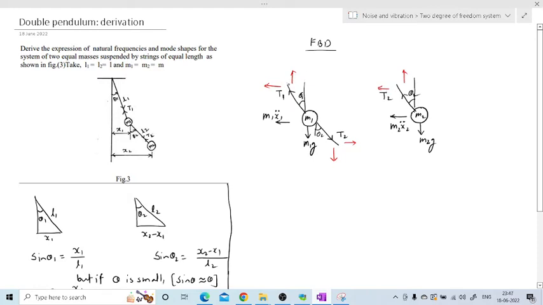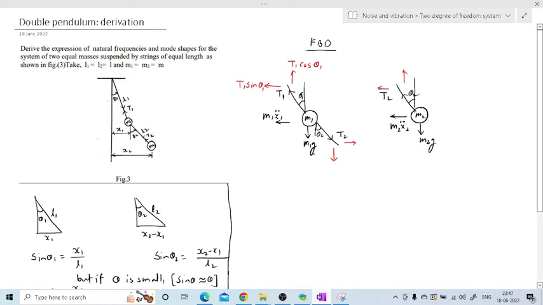Keep in mind that if the angle is given with the vertical, then the vertical component is cos, and if the angle is given with the horizontal, then the horizontal component will be cos. Here we have the angle with the vertical, so I will write T1 cos theta 1 as the vertical component, and the horizontal component will be T1 sin theta 1.